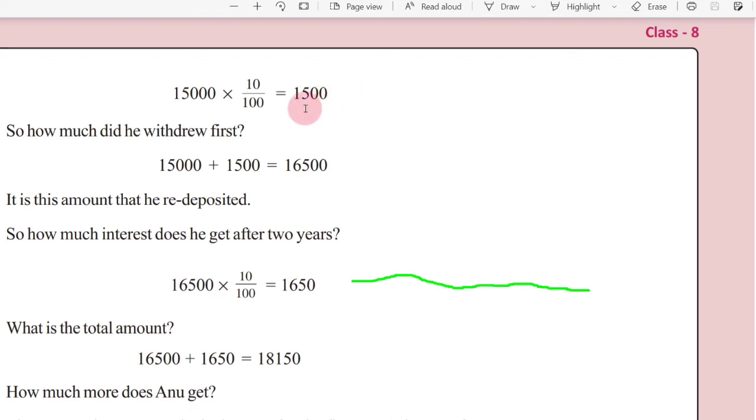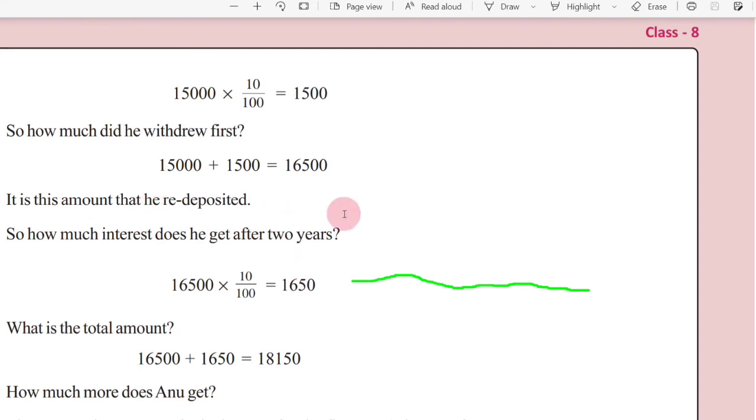So he got 15,000 plus 1,500, that is 16,500 rupees, from the bank, and he redeposited the very same amount in the very same bank.